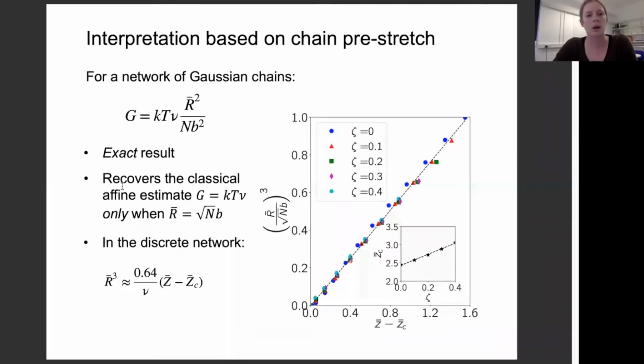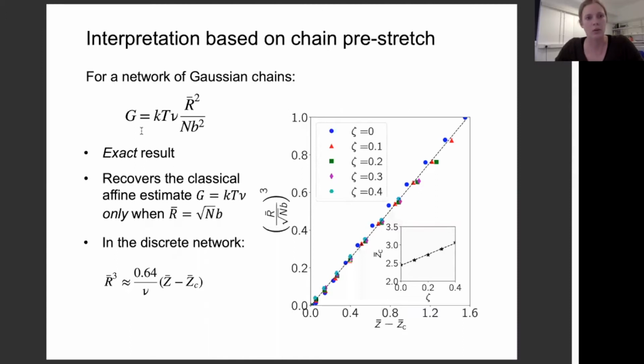So to understand where this is coming from, we have to consider an exact expression for the elastic modulus of a network of Gaussian chains. So this expression here is exact. It just follows from the Gaussian behavior of the chain, and the fact that in that case, each chain deforms affinely with the macroscopic deformation gradient.